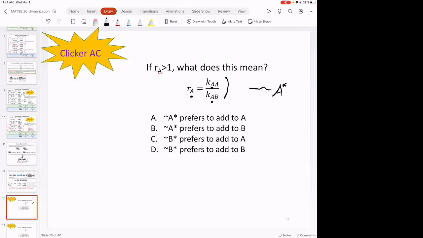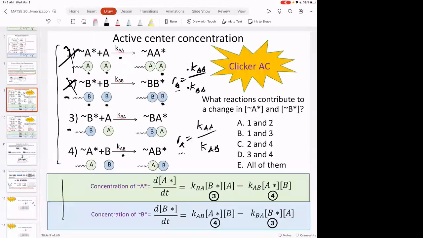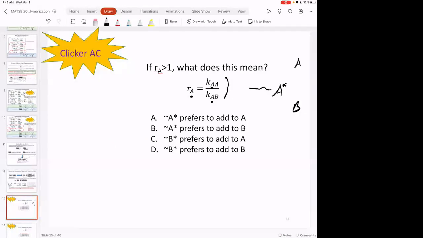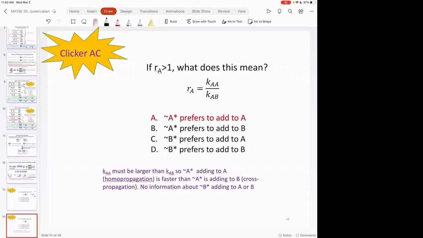Is it going to add monomer A or is it going to add monomer B? We go back to our fundamental set of equations and so say, okay, here's KAA, here's KAB. Okay, if it's greater than 1, we got most everyone. A prefers to add A.